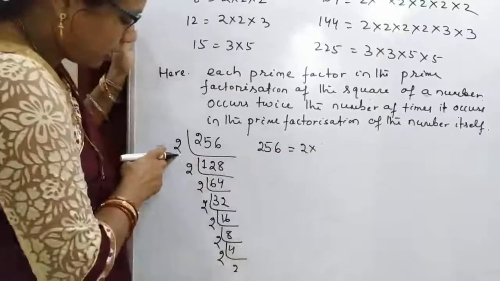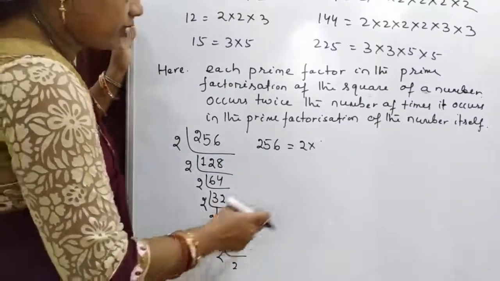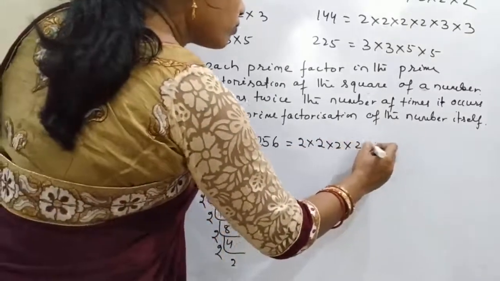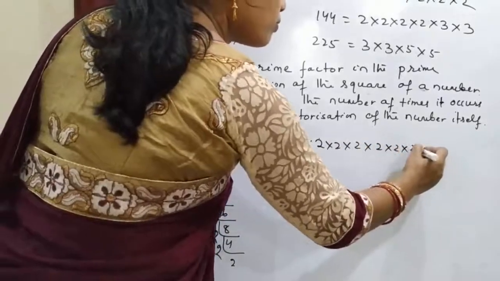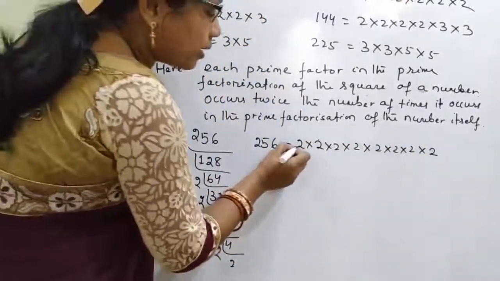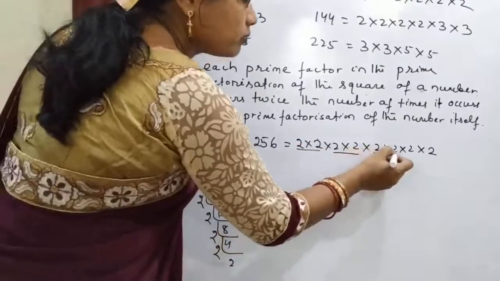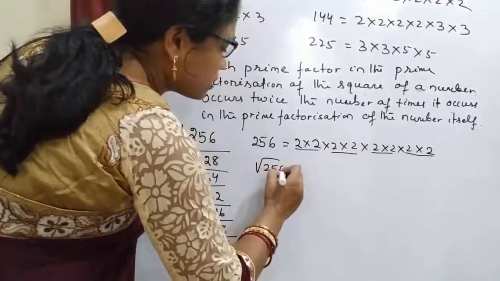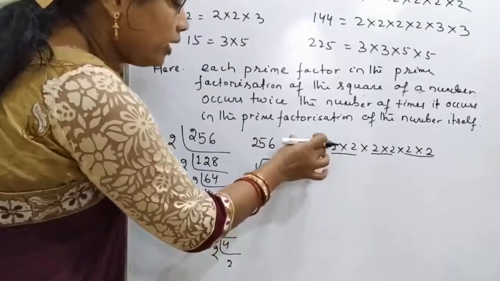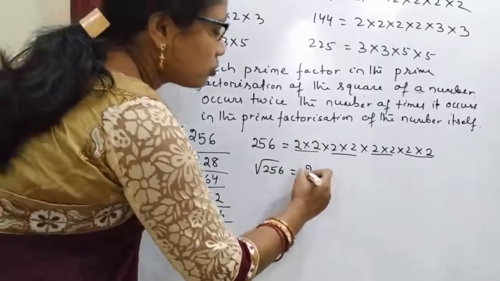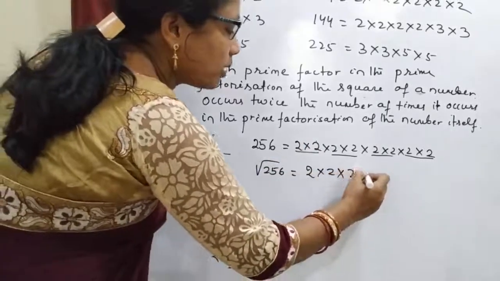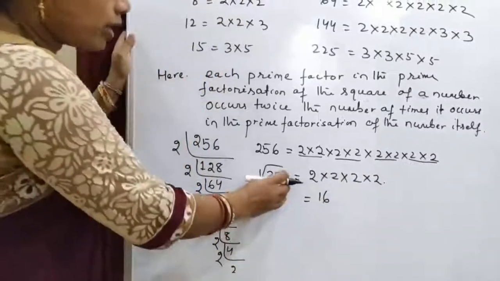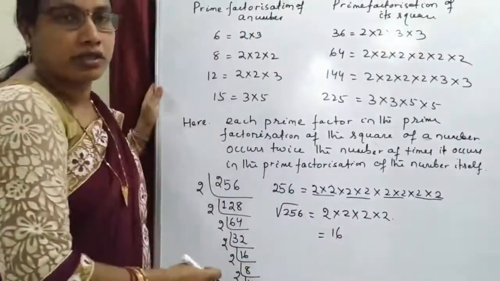How many 2's are there? 1, 2, 3, 4, 5, 6, 7, 8. Then we have to pair them. So the square root of 256 is equal to, we take only one factor from a pair, 2 multiplied by 2 multiplied by 2 multiplied by 2. So this is equal to 16. So the square root of 256 is equal to 16.